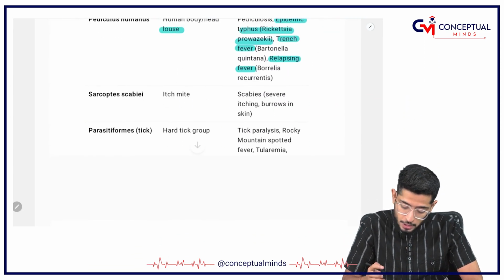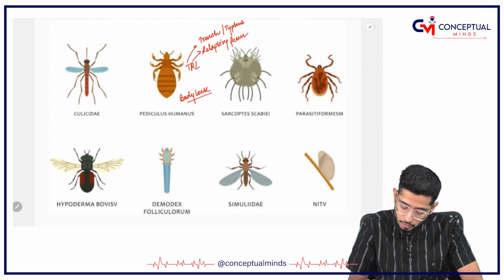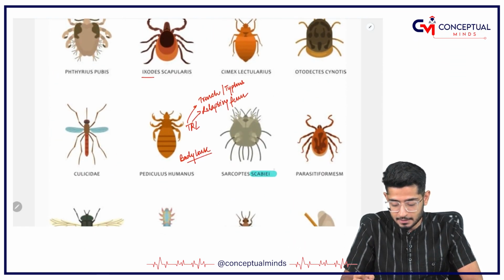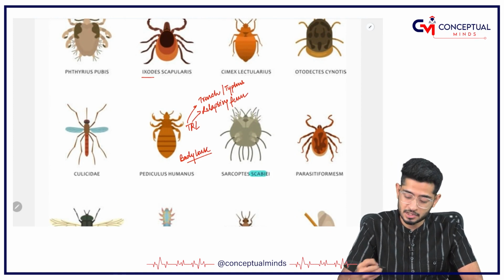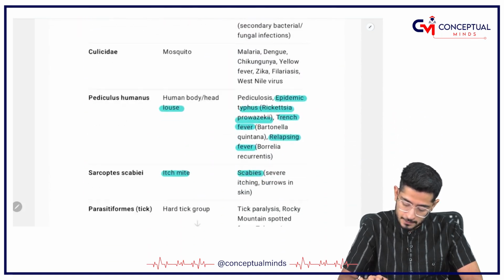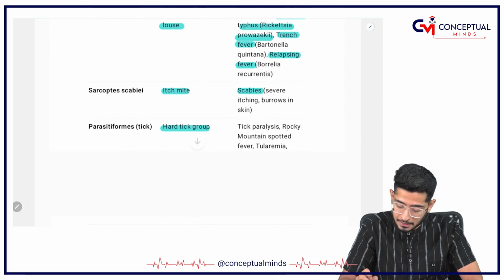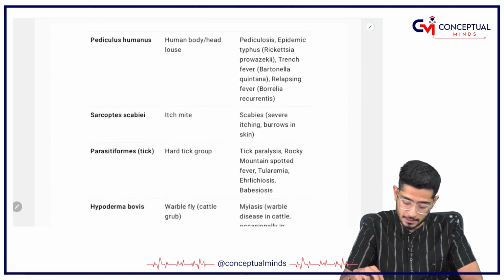Coming on to itch mite, yes, this is important, responsible for causing scabies. Although not important for your rickettsial infections, scabies is also an important image based question. Coming on to the next one, hard tick, yes, important. Hard tick is responsible for causing Rocky Mountain spotted fever and tularemia.